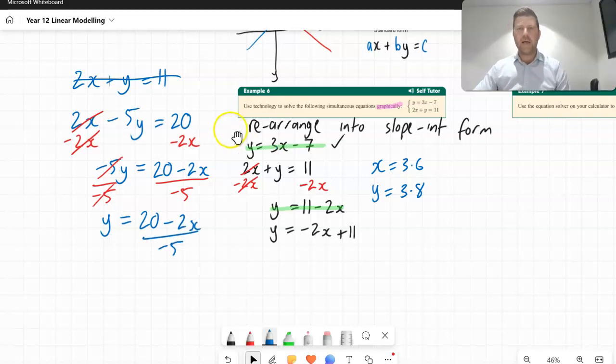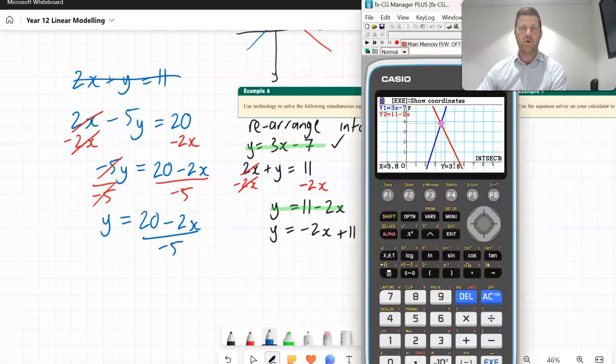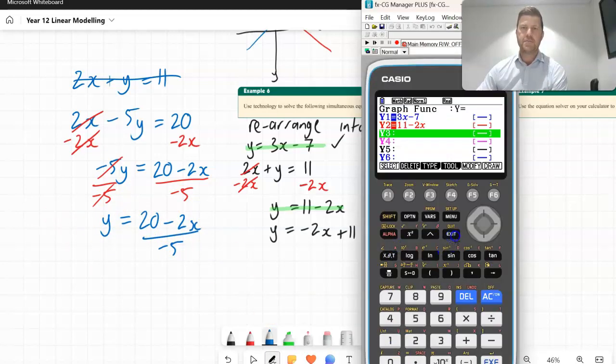Now, I can go ahead and simplify this more, but I really don't need to. That equation will go straight onto your graphics calculator using the fraction button. So I can just write it as is, 20 take 2x all over negative 5, and that's fine. It will draw the line for me.